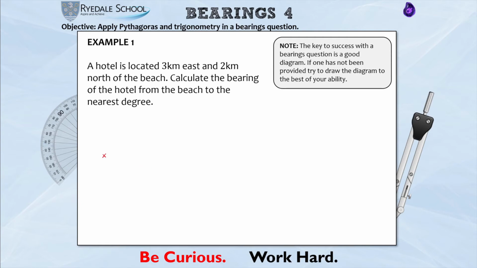So imagine this blob here represents where the beach is. If I go 3 kilometers east, using my compass directions, and then 2 kilometers north, I'm going to draw that as a slightly shorter line.